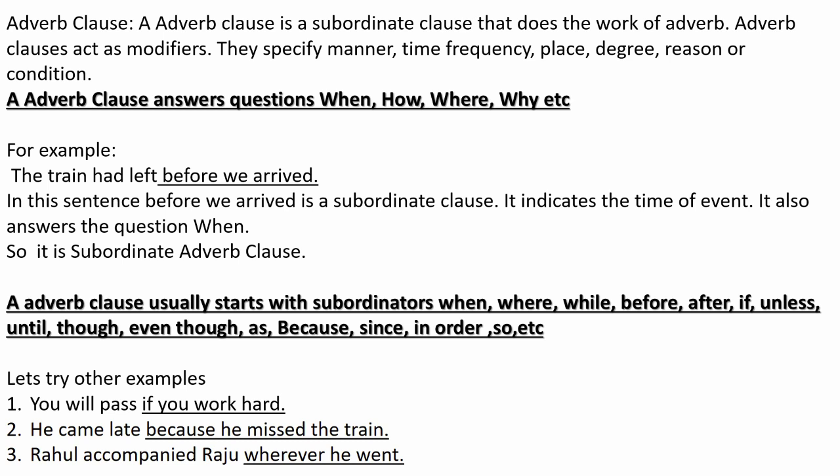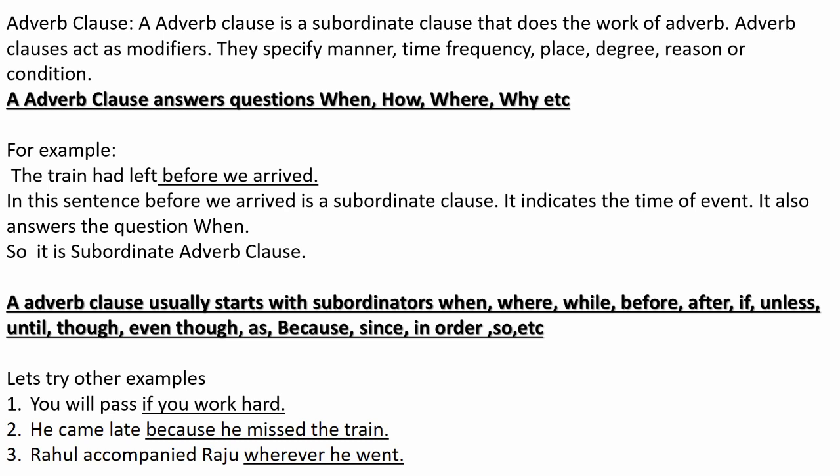Next, he came late because he missed the train. So because he missed the train is the subordinate clause. Now form a WH question to get the subordinate clause as the answer. So why he came late? As the question starts with why, it is an adverb clause.